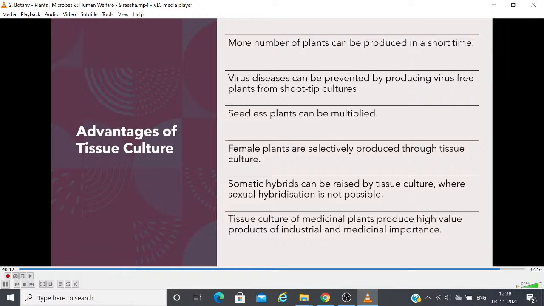Like that this culture is maintained. And somatic hybrids can be raised by tissue culture where sexual hybridization is not possible. Here no hybridization is needed in this technique. And for culture of medicinal plants, because we need more number of medicinal plants, tissue culture is very useful for this purpose.